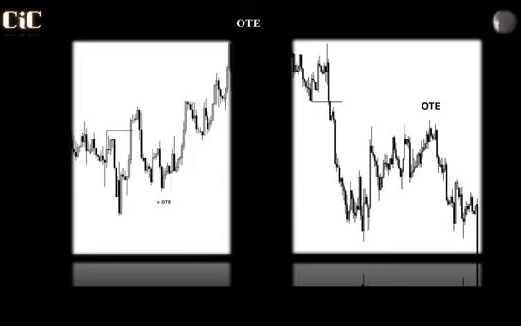Usually lies from the 50% Fib all the way down to the 0.886 Fib of the price leg. Right, so leg 1, retracement, leg 2, OTE, vice versa. Leg 1, retracement, OTE, kickstarts leg 2.